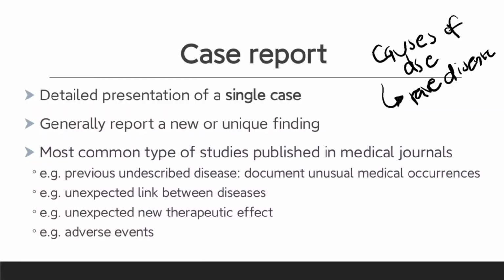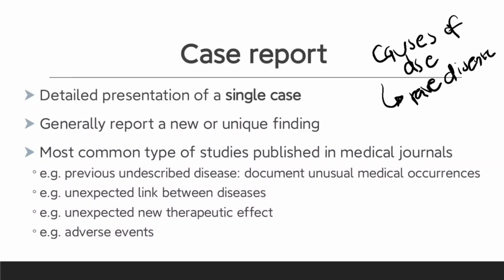Rare diseases. Okay, so clinicians in this type of studies typically identify an unusual or unique feature of a disease or a patient's history. So this type of studies document unusual medical occurrences, no, that might be first clues in the identification of a new disease.